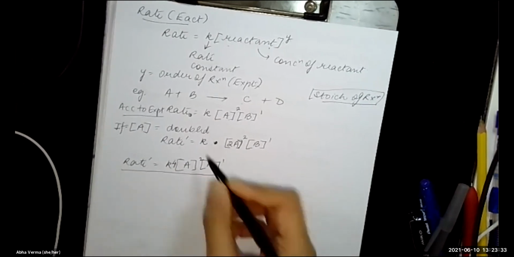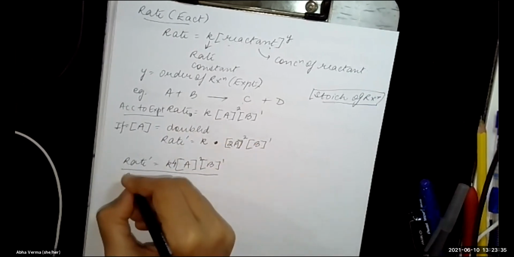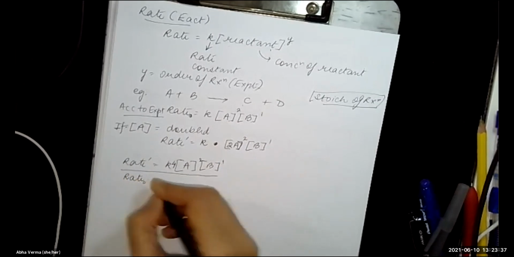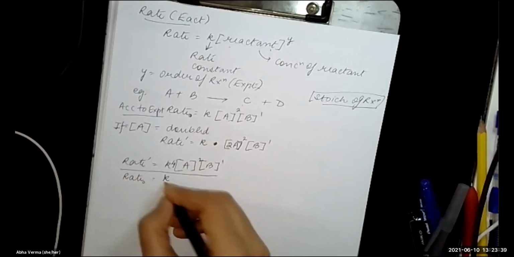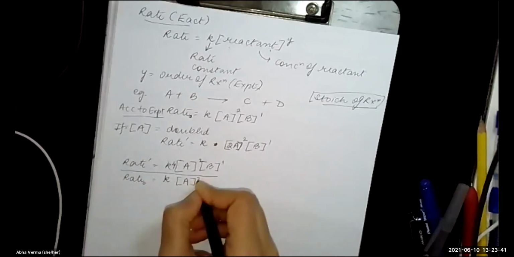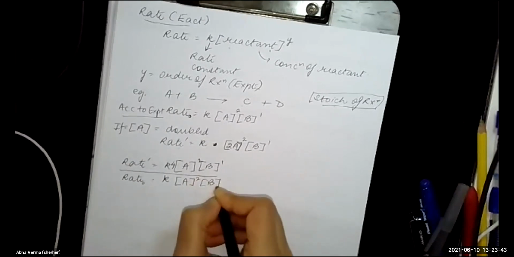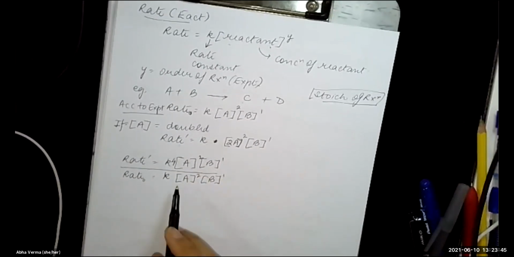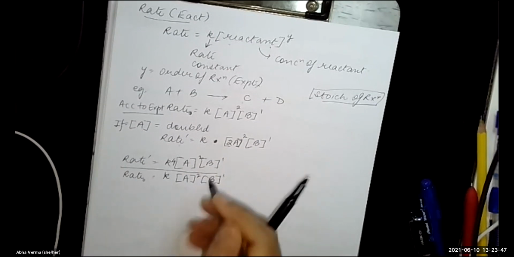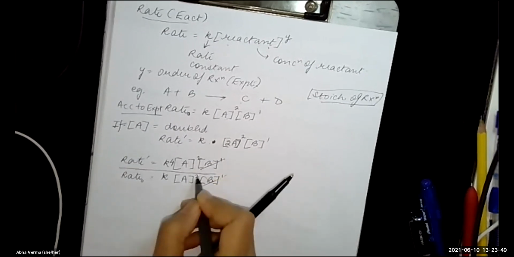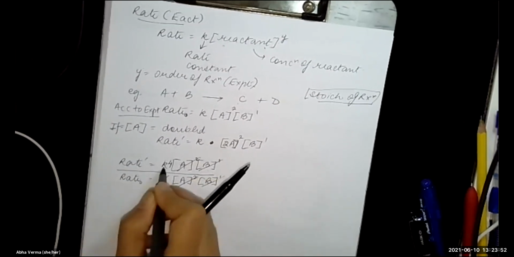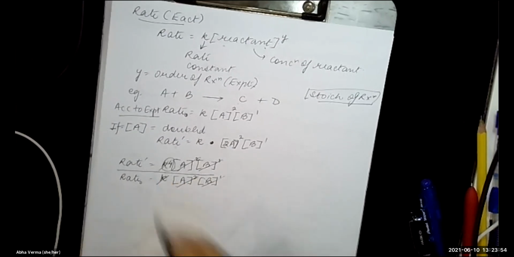I will divide all of this with my initial rate. Rate 0 equals k A squared and B 1. And so what do I see? I can cancel out these variables. What is left with?